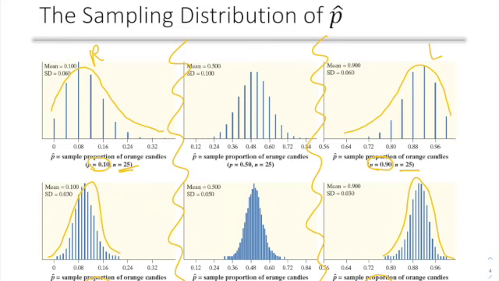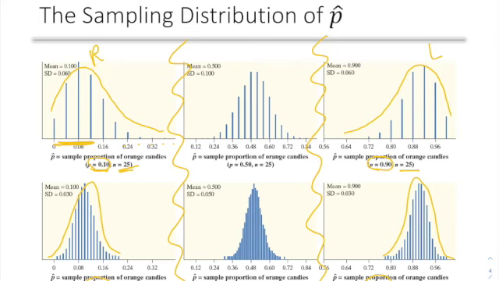So the reason why this first graph on the left with the proportion of 0.10 is skewed right is because if the true proportion of pennies from the 2000s in our bag is only 10%, then we're expecting a lot of values around the 10% value. But that means there are going to be a few that are over here in the greater values.